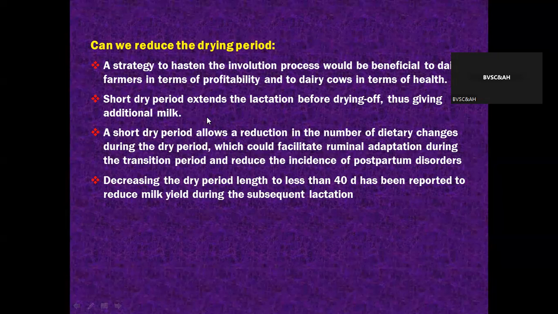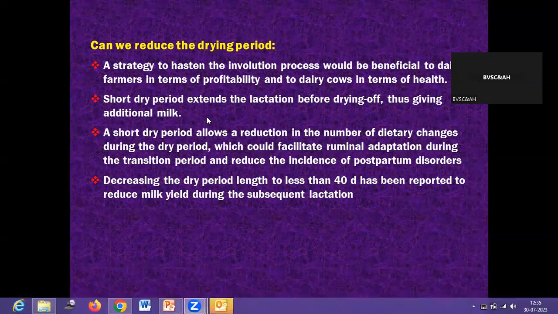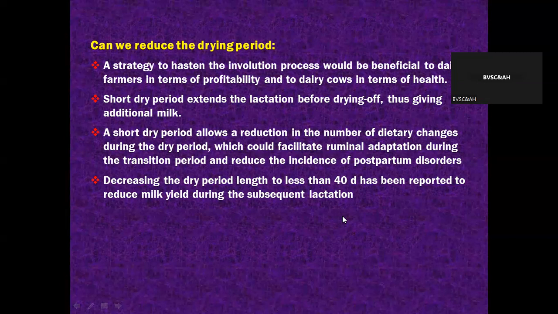It has been observed that in bovines, if the dry period is less than 14 days, then the milk yield in the subsequent lactation is reduced. So it is recommended that your animal should have a dry period of at least 45 to 60 days.